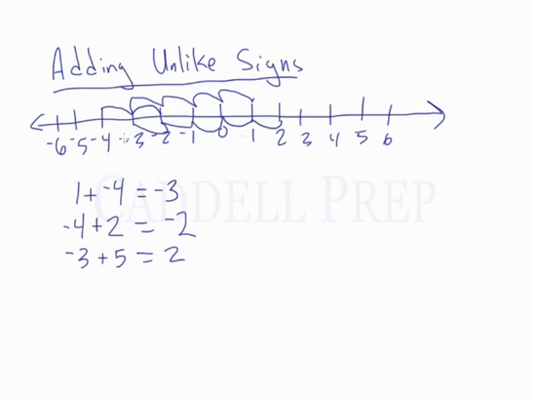So let's try one with that rule without the number line. We'll do negative 7 plus 13. We're adding them and the signs are different, so we find the difference. The difference between 7 and 13 is 6. And the bigger number is positive, so the answer is positive. So for adding, when signs are different, or we have unlike signs, we find the difference.